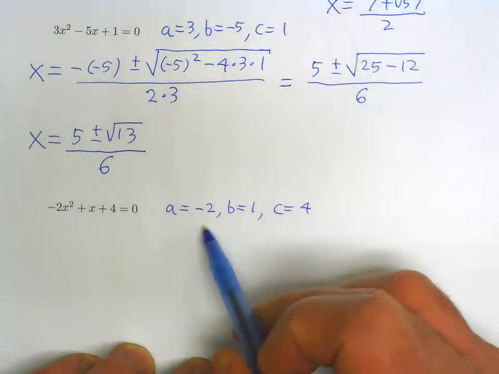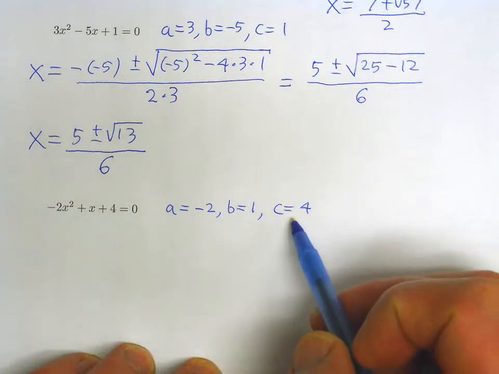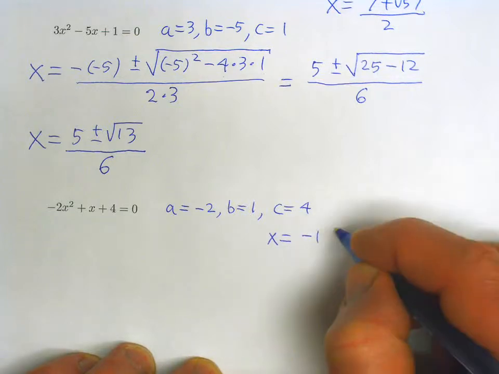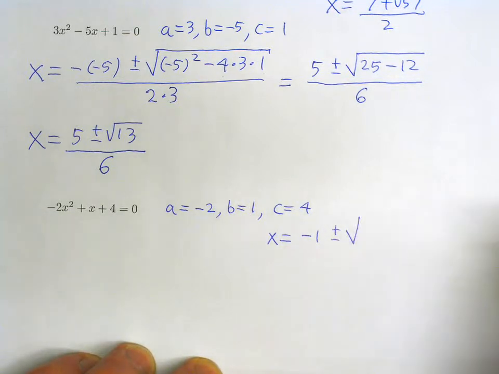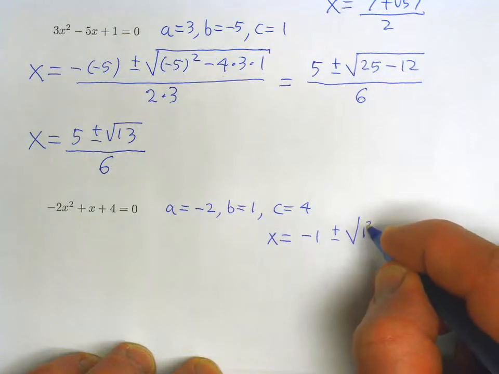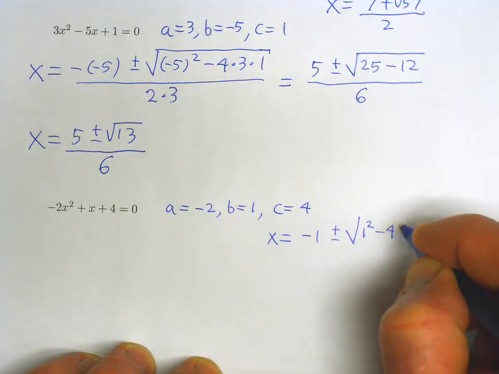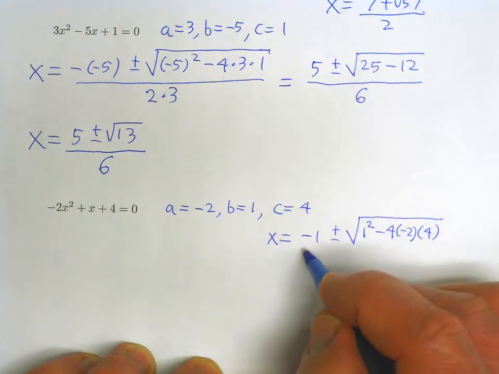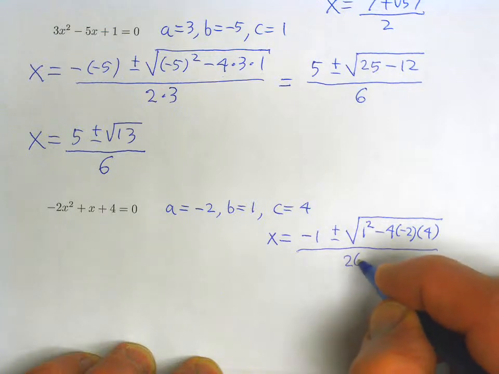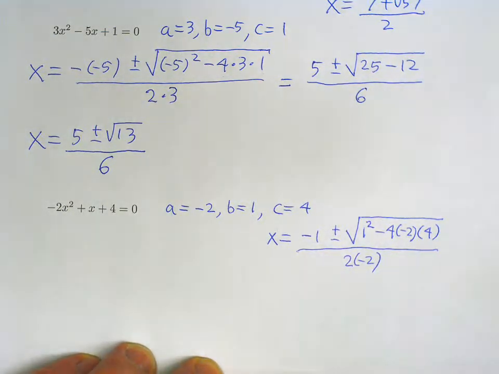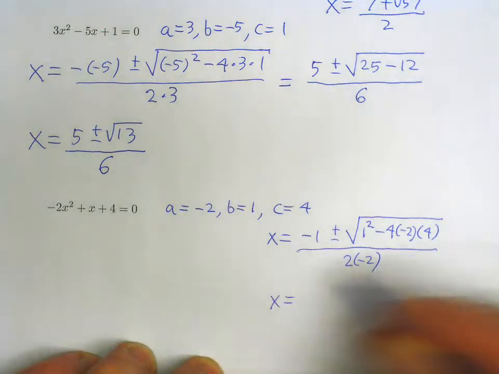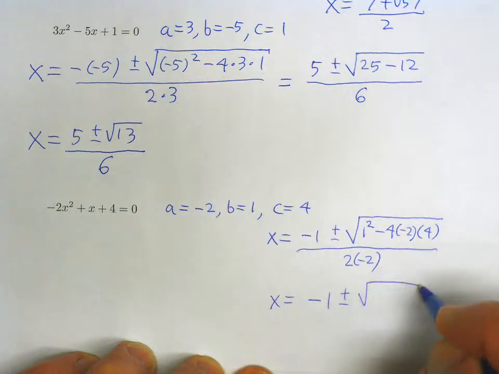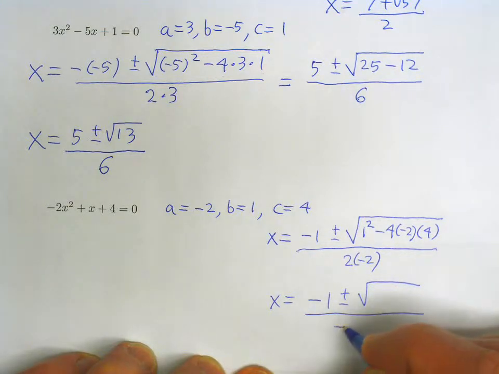Okay, so if we use a equals -2, b equals 1, and c equals 4, then the solutions are x equals -1 plus and minus the square root of 1 to the second minus 4 times -2 times 4, all divided by 2 times -2. Okay, then x equals -1 plus and minus the square root of some number, all divided by -4.